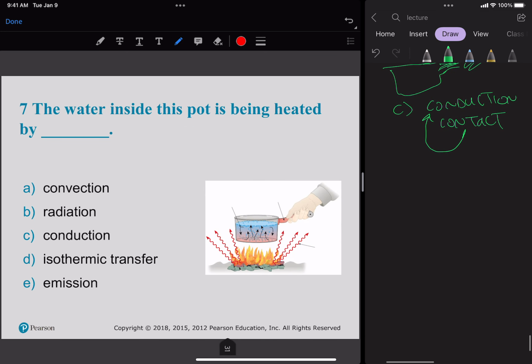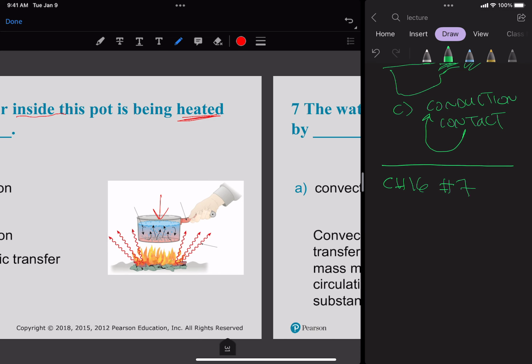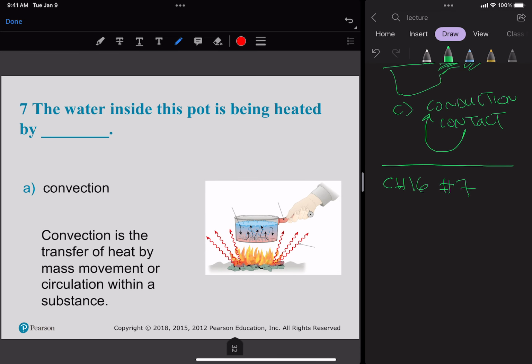Okay, so here are more examples. Chapter 16, number 7, the water inside the pot. What is the mode of heat transfer inside the pot? The boiling pot, so inside here. Inside the pot, the boiling water, heat is transferred by convection. So that's the other one, convection.